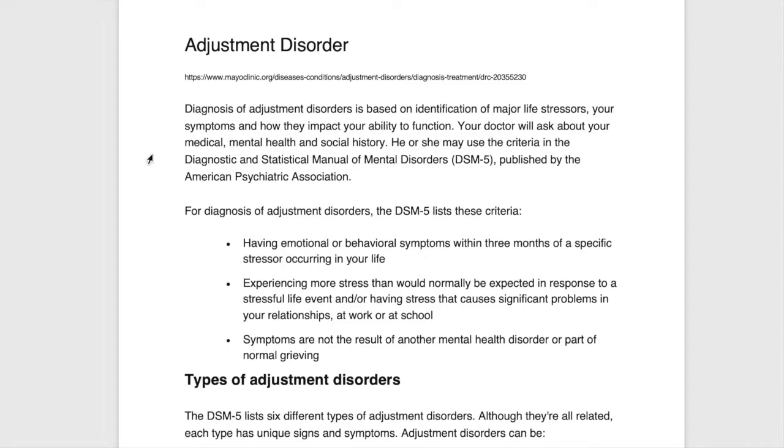It is causing significant changes and problems in relationship dynamics, at work or at school. We also need to know that these symptoms are not the result of any other mental health disorder or part of normal grieving.